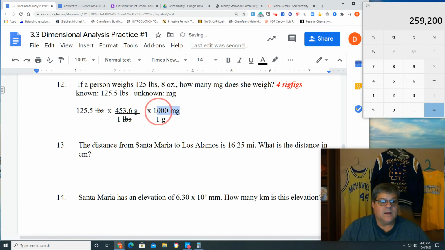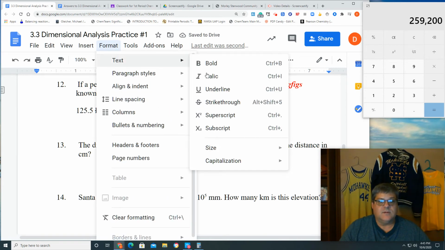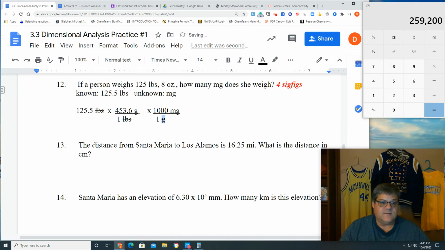And we'll underline that. Now I can get rid of my grams. You need to do this every single time. Be patient with it. It's not that difficult. Just keep doing it. I'm left with milligrams. Is that what I'm looking for? How many milligrams does she weigh? Yep, that's what we're looking for.